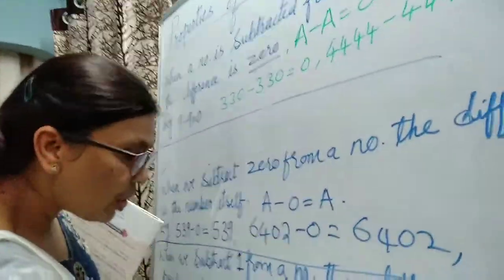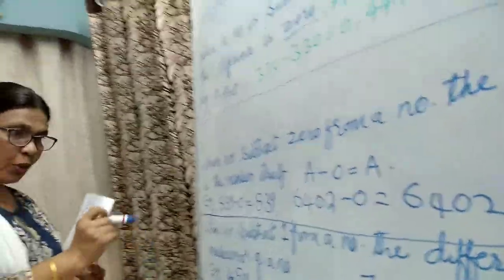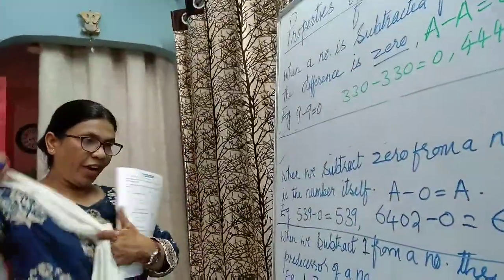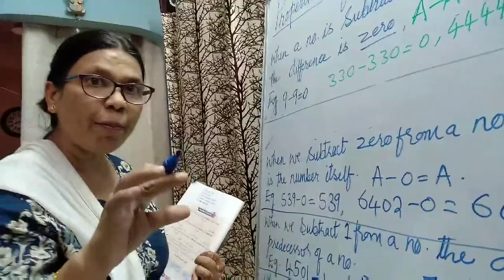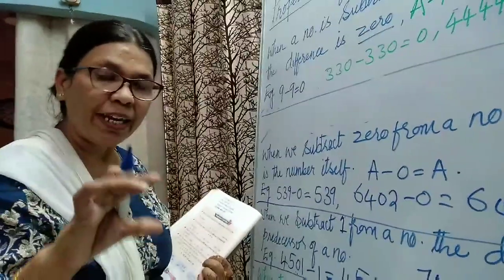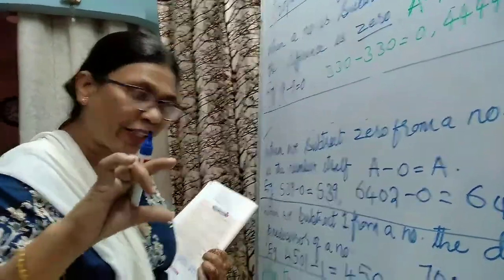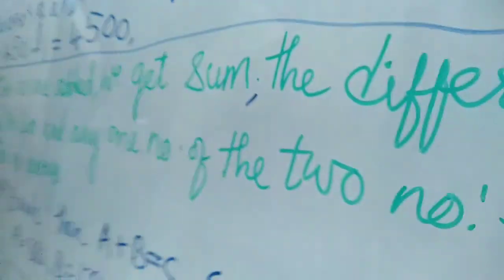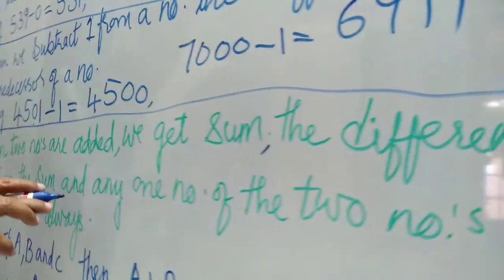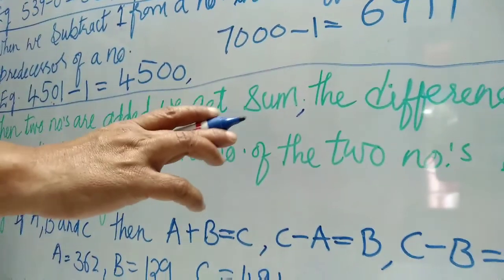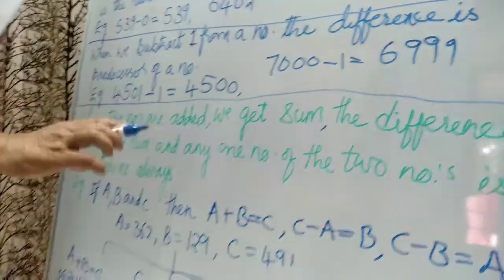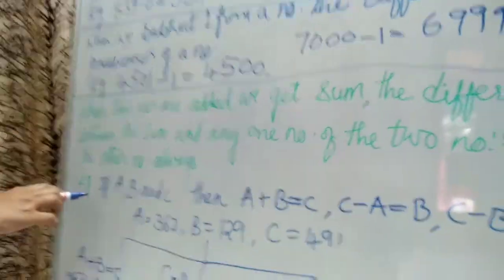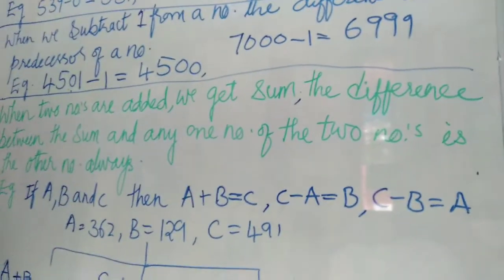Next, these are very important, children. When two numbers are added, we get the sum. The difference between the sum and any one of the two numbers is always the other number. Now look here. A, B and C are three numbers.